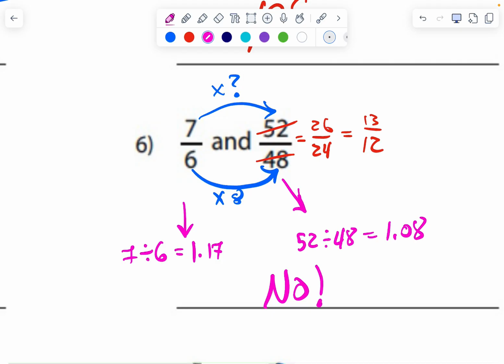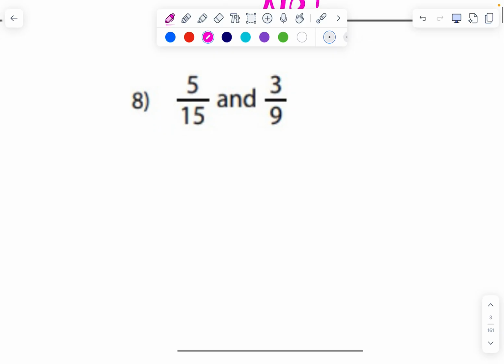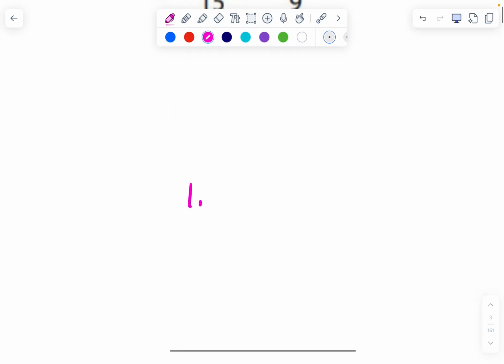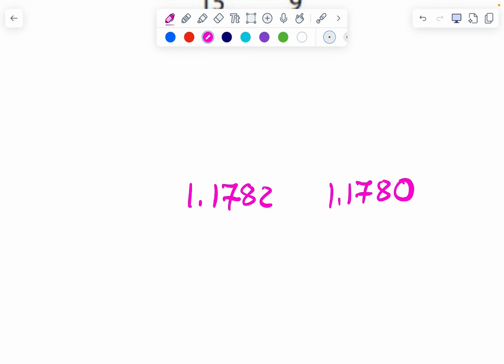How close can the decimals be to say, yes, this is proportional? Not this problem, but what if we got 1.17 and we got 1.15? Would you say it is or is not? What if it was 1.1782 and 1.1780? Is that proportional? No. He says no, pretty confidently. Do you guys agree? Yeah.